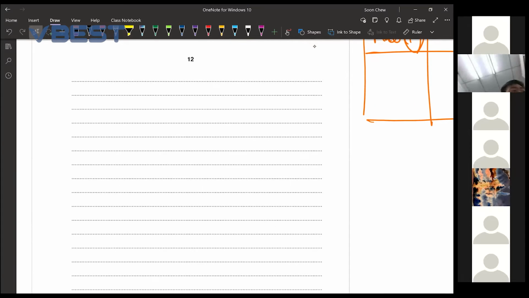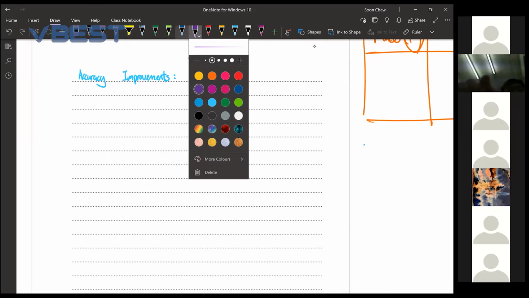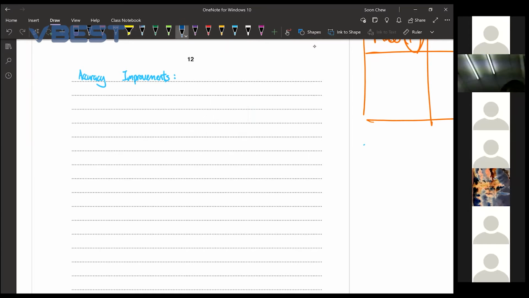Okay, so now let me go through some of the accuracy improvements with you guys. When we are talking about accuracy improvements, there are a few categories that we can talk about. The first one is every time you have measurements, like using your ruler, your thermometer, all those things.